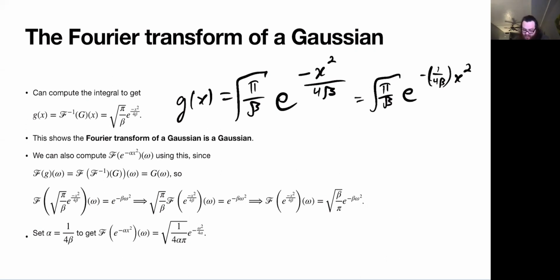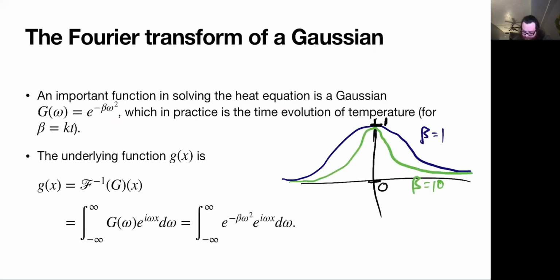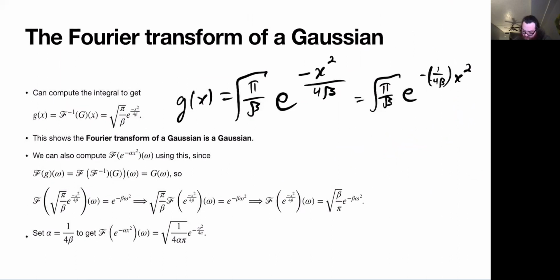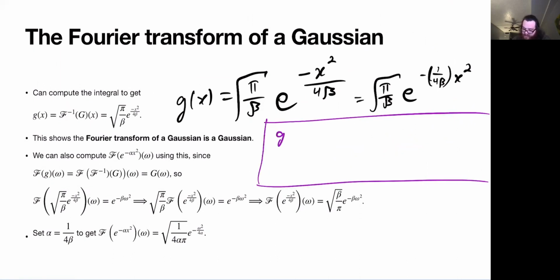Okay, and so as I said, we're not going to explicitly compute this integral or go through the steps. There are a number of ways of doing that, especially if you've had some complex analysis. One nice way to do this, though, is, so I'll write it here. What you can show is that this function g of x satisfies this differential equation.